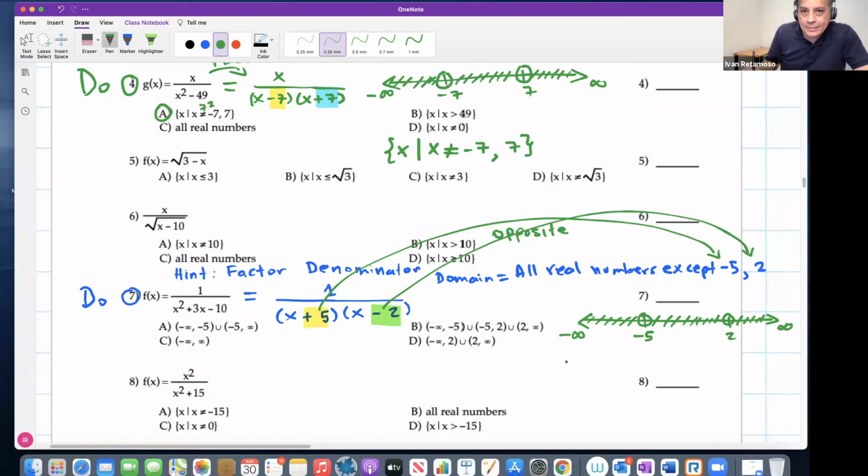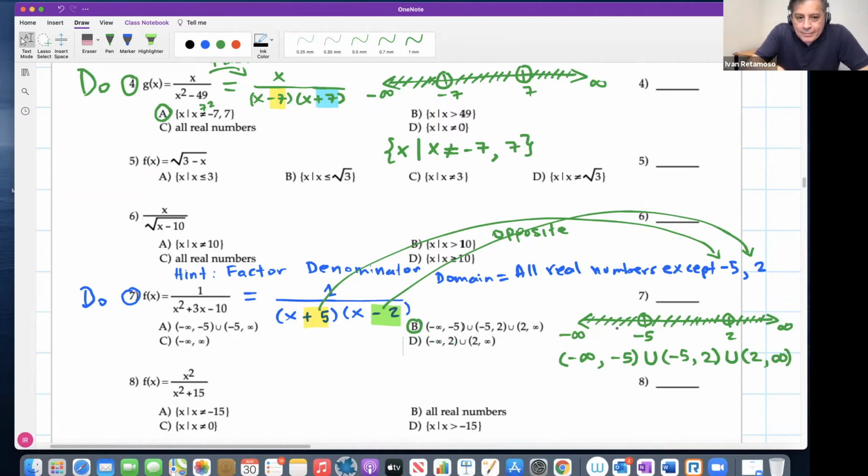Start with -infinity, go all the way up to -5, parenthesis, because we're not including -5, union, -5, go up to 2, do not include 2, so parenthesis again, union, from 2 up to positive infinity. Excellent.